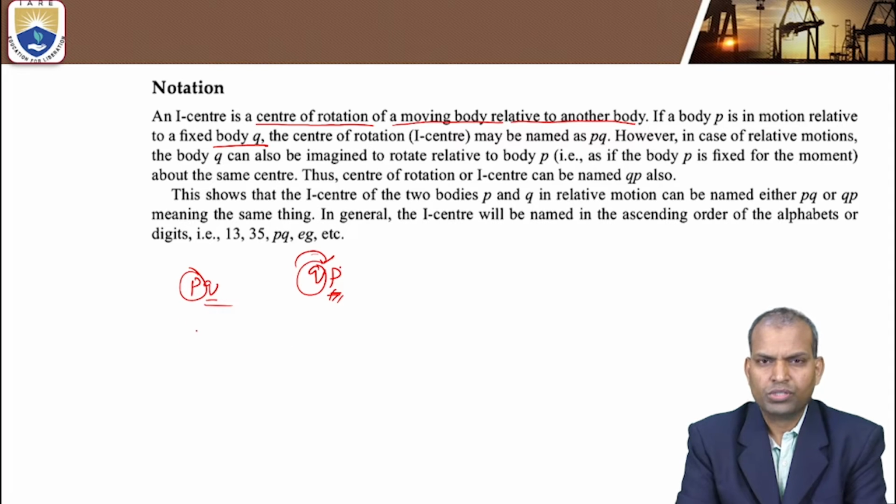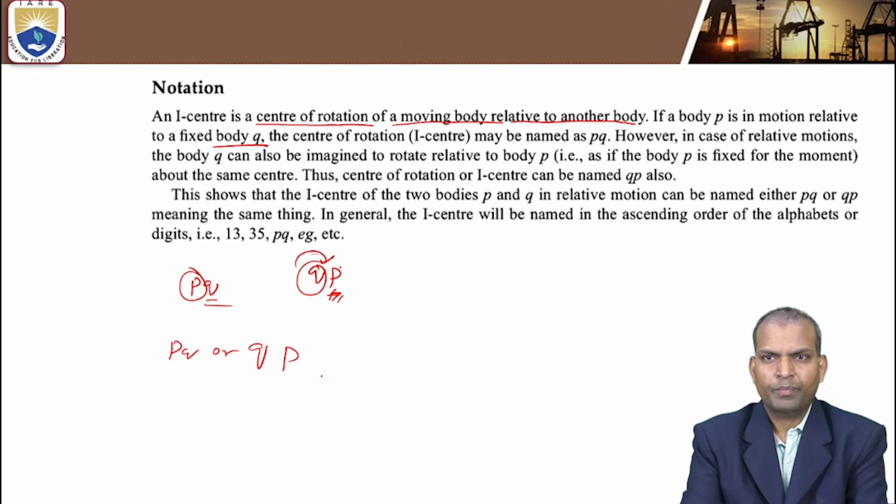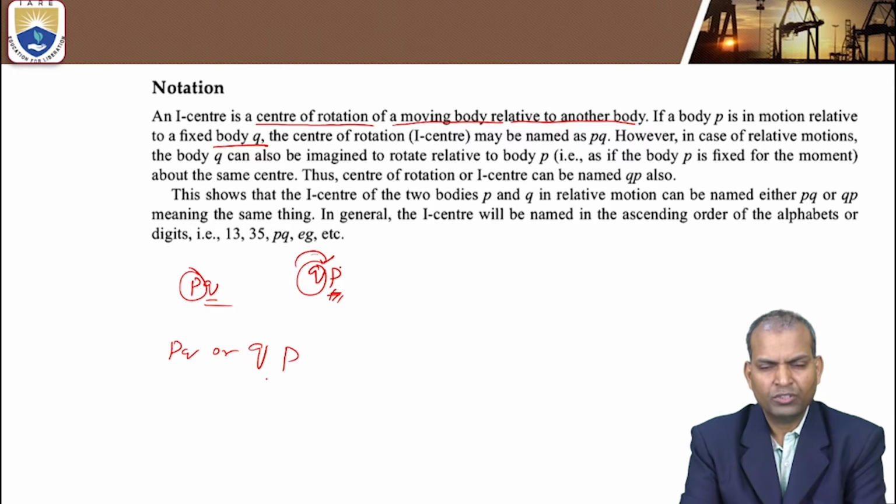So this shows the meaning. The I center of two bodies P and Q in relative motion can be named either PQ or QP. It is the same thing, but in general the thumb rule is that we follow ascending order. Ascending order means PQ, but not QP.